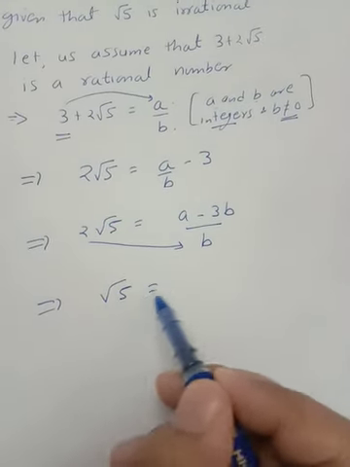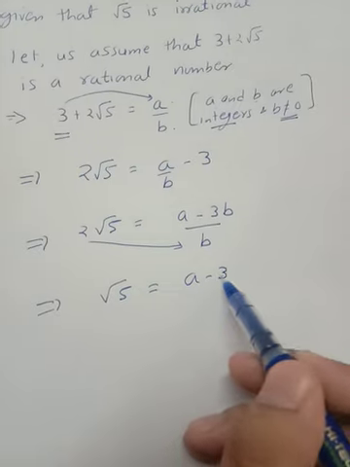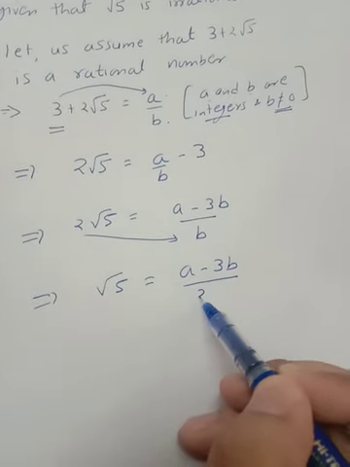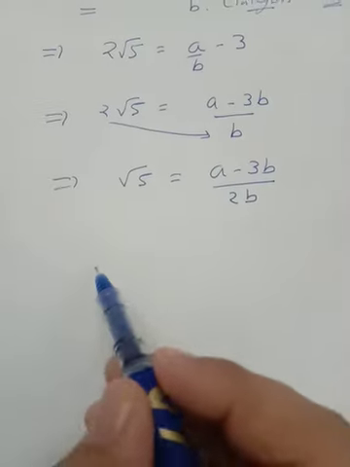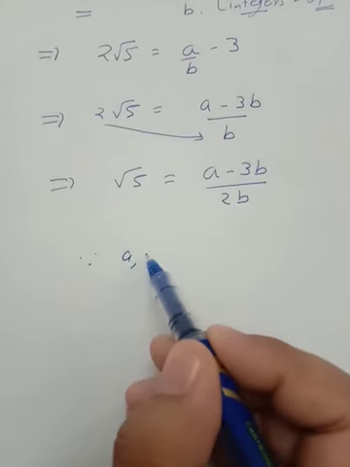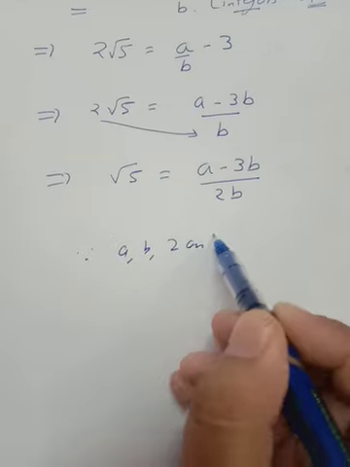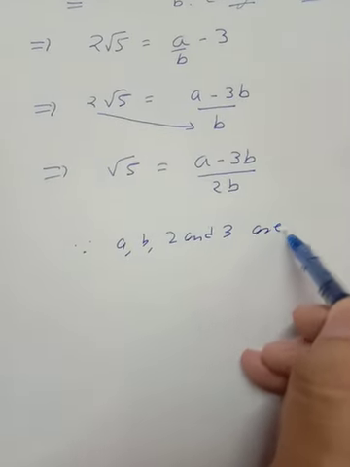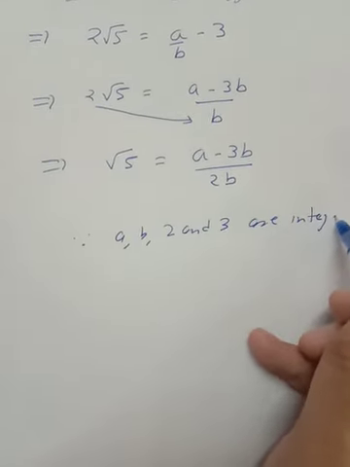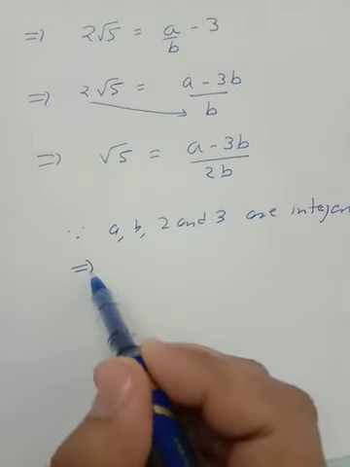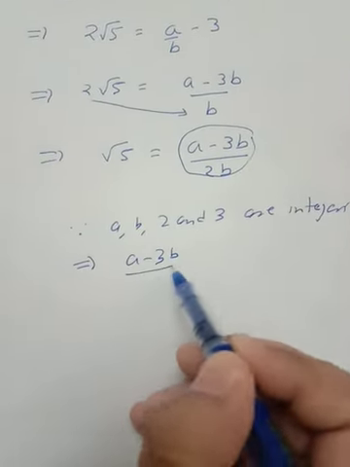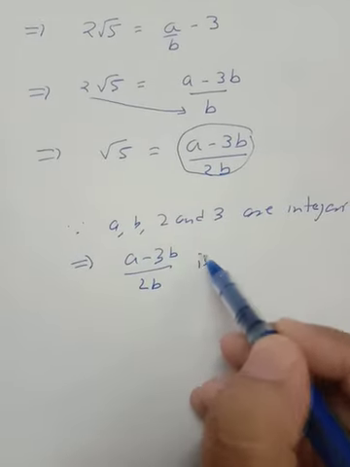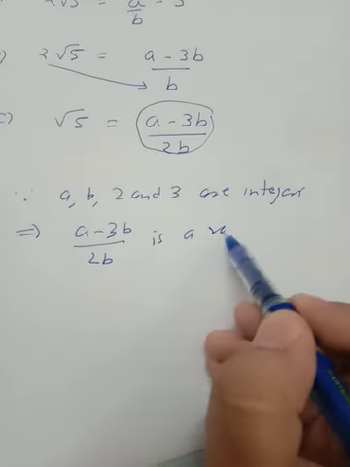We get root 5 equals a minus 3b upon 2b. Now since a, b, 2 and 3 are all integers, the number formed by the integers, a minus 3b upon 2b, is a rational number.